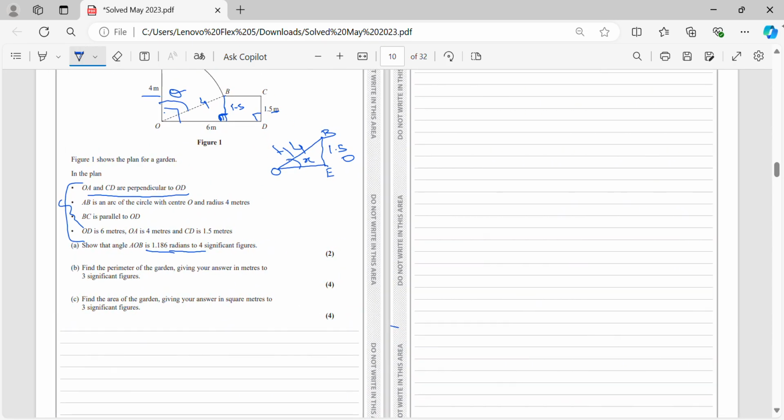I can find OE as well, but let's first find the angle.